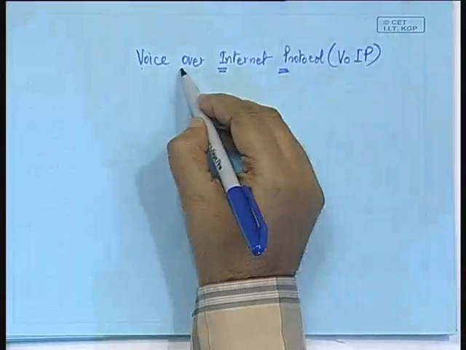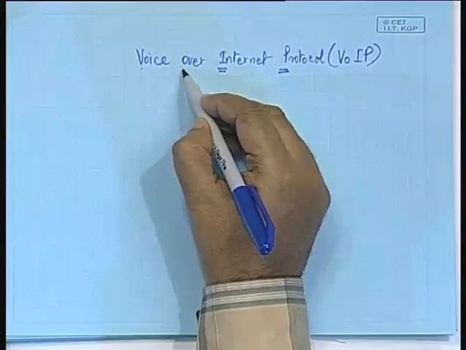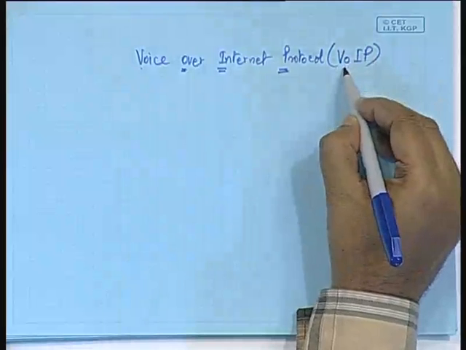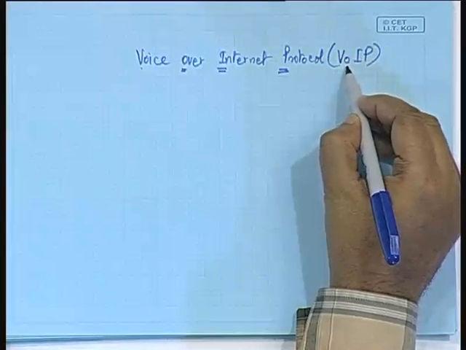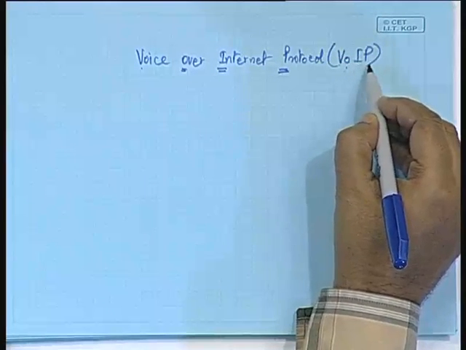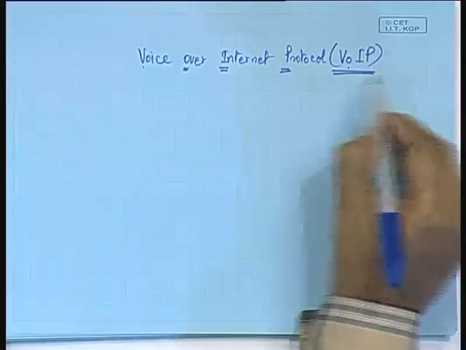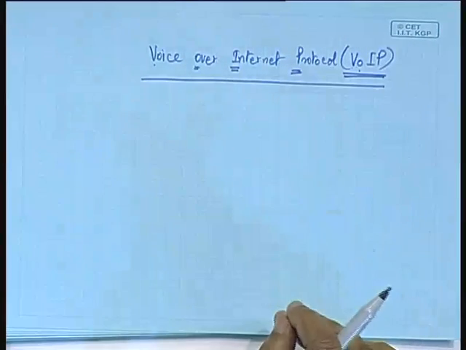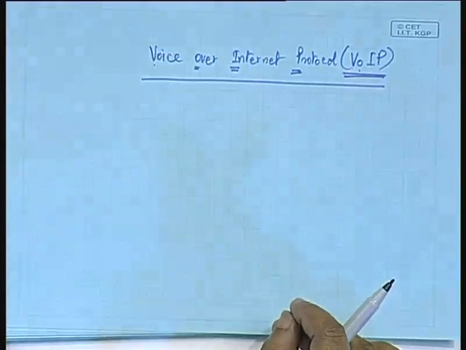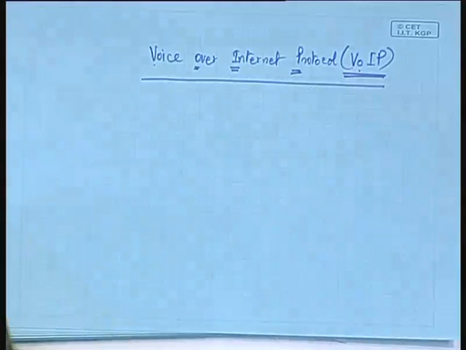Only for this "over", this O is taken as a small one, so that it is capital V, small o, capital I, capital P. So, VoIP, the voice over internet protocol. This will be our next topic of discussion.